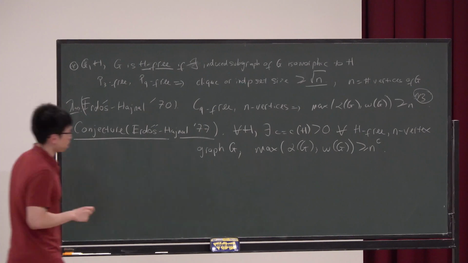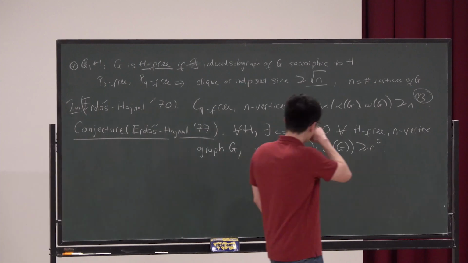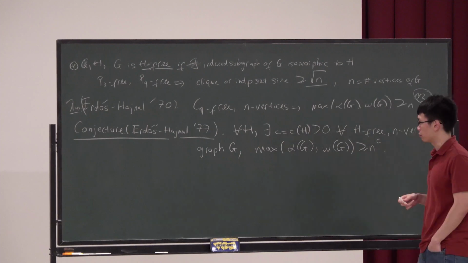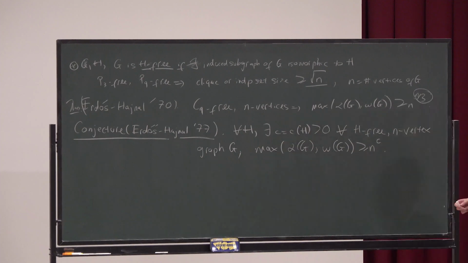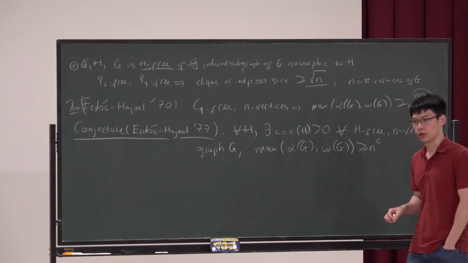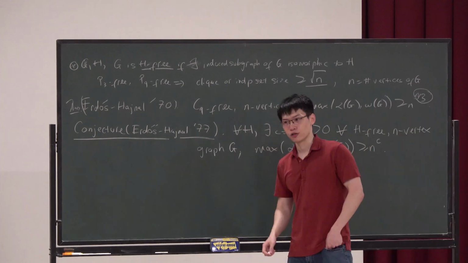Okay, so this conjecture is of course still open, and until today, not many graphs H are known to satisfy this conjecture. Only a handful of ways of construction can be found.